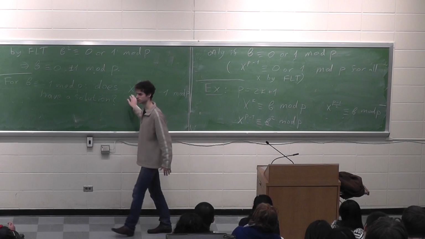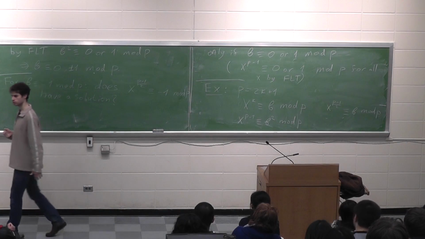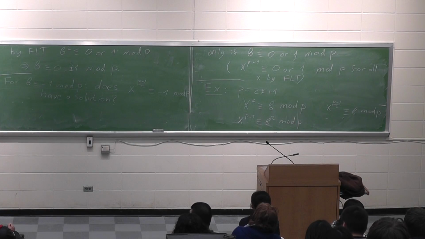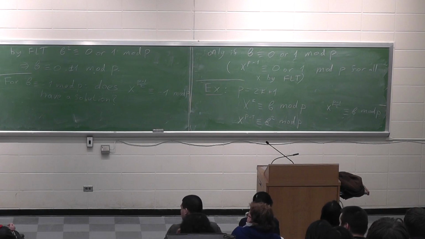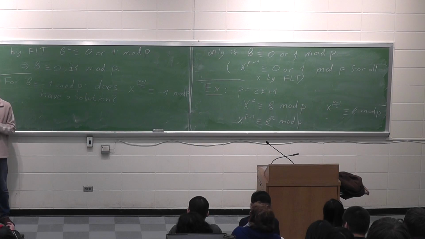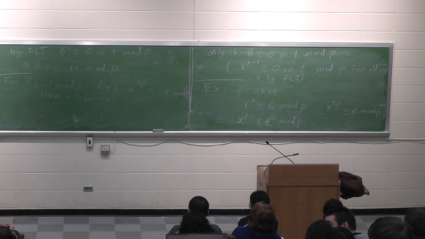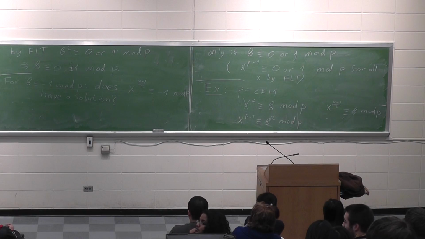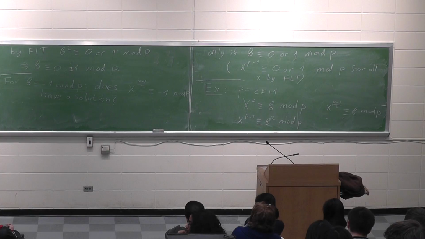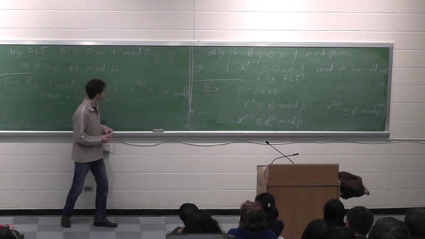Is there such a thing? I think it's wrong. If x is a primitive root modulo p, then x to the power (p minus 1) over q shouldn't be 1. Yes. Okay. Indeed.